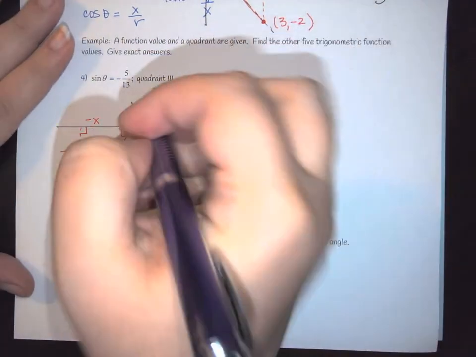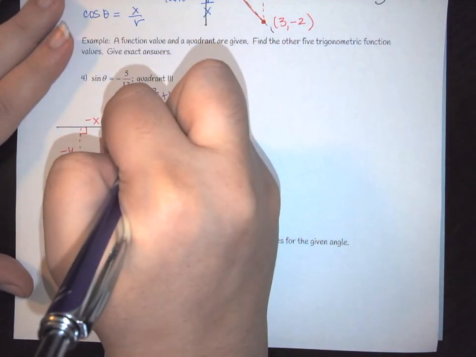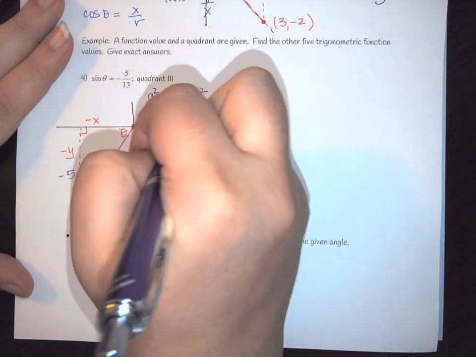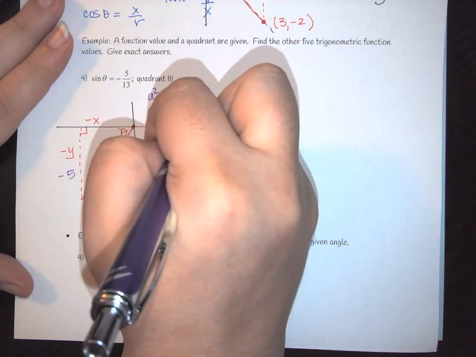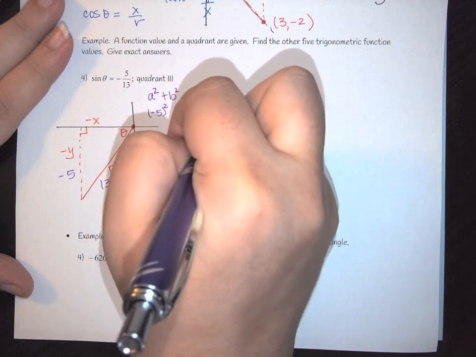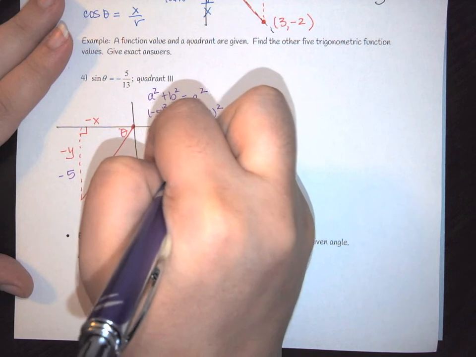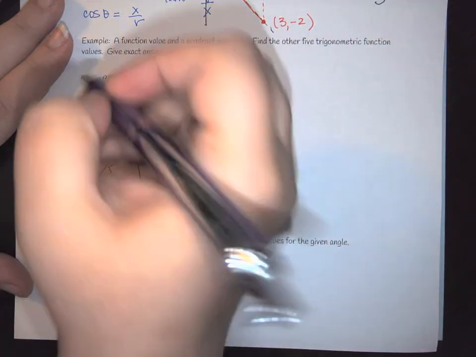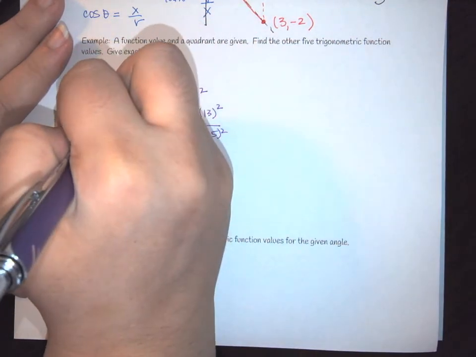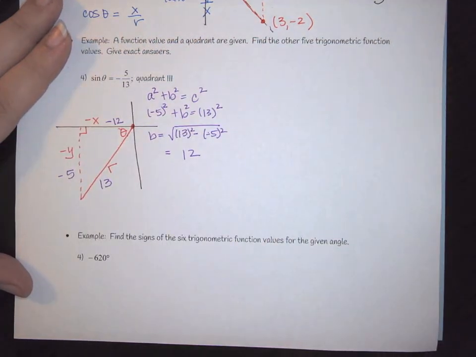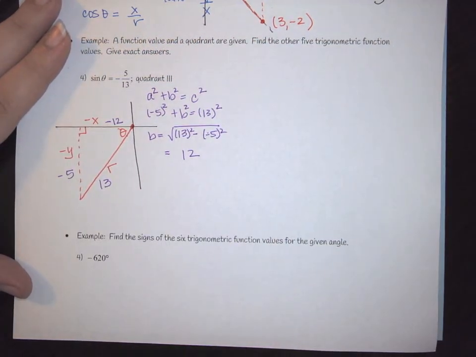So when we do that, we're going to find that your b term is going to be the square root of 13 squared minus negative 5 squared, which is going to equal 12. So my x here is going to be negative 12. Once you figure that out, you can go ahead and list your terms.